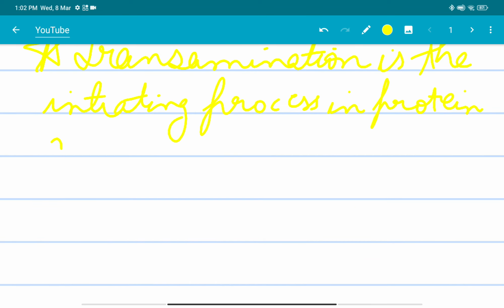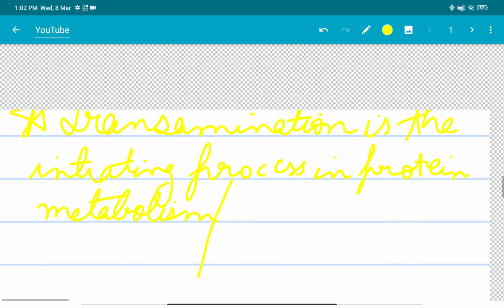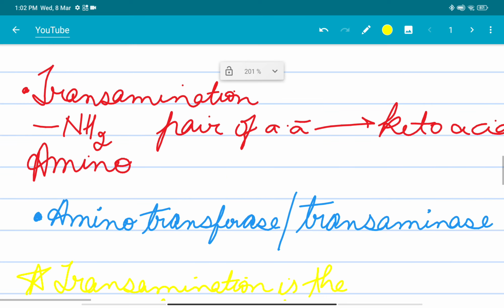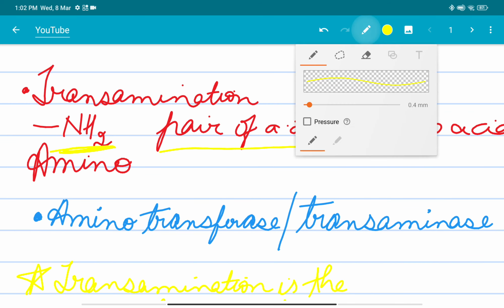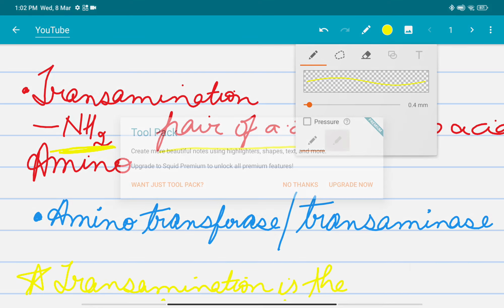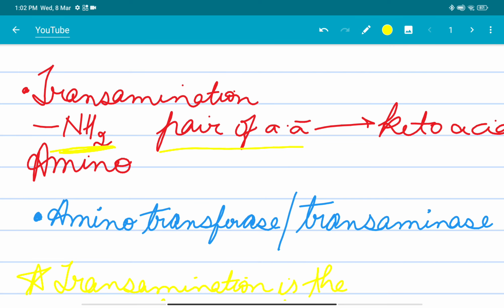What is the first step in protein metabolism? Transamination. What does transamination refer to? Transamination refers to the transfer of the amino group from the pair of amino acid to the pair of keto acid. Fine. Then the transfer of the amino group is catalyzed by the aminotransferase or transaminase enzyme.